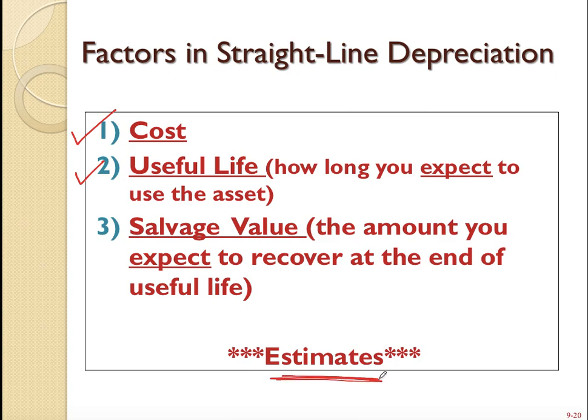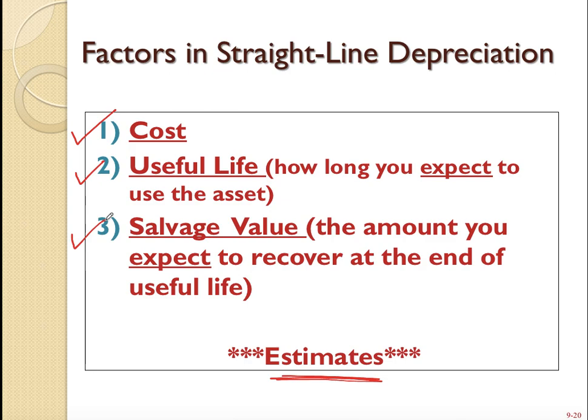We don't know for sure, but we make our best estimate based on our past experience with different types of equipment or generally how long things are used. Management makes that estimate. And then the third thing we need is salvage value. The salvage value is the amount you expect to recover at the end of the asset's useful life.